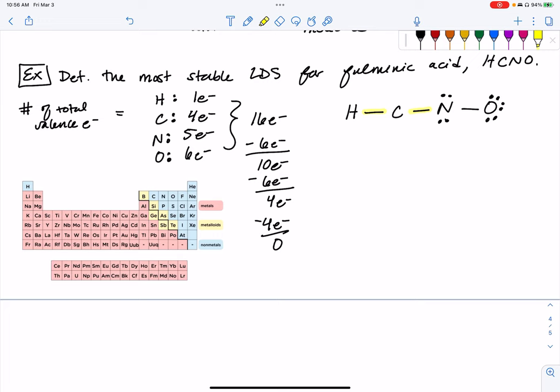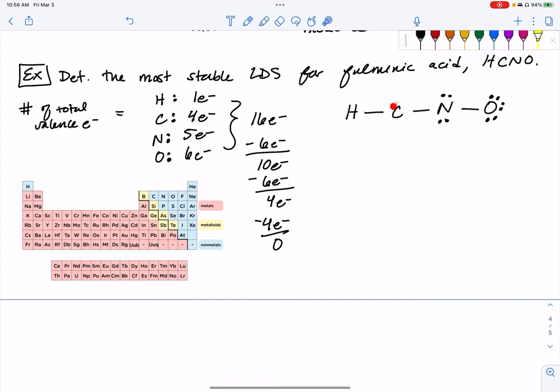So I'm not at the point of drawing resonance structures quite yet. I need to first and foremost just find a Lewis dot structure that is valid, where all the octets and duets are met in these atoms in this molecule. So I have a couple of options for how to do that. Let's see here.